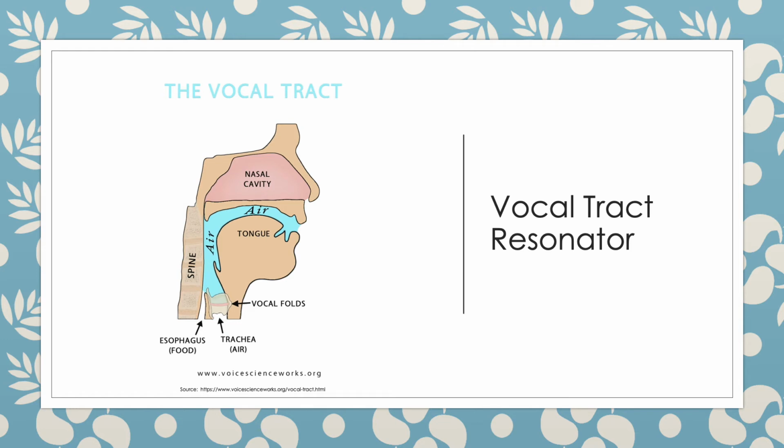This element is known as the transfer function, which can also be referred to as the resonance curve. There are 3 main elements that can be manipulated that cause this variation in the vocal tract resonator. These include the location of air constriction, the degree of air constriction, and also the length of the vocal tract.